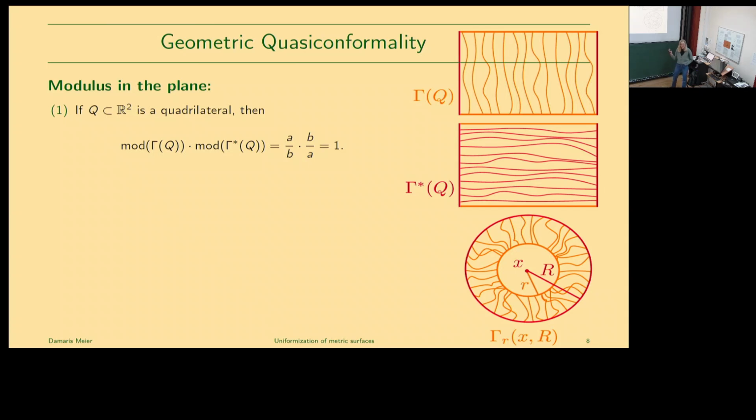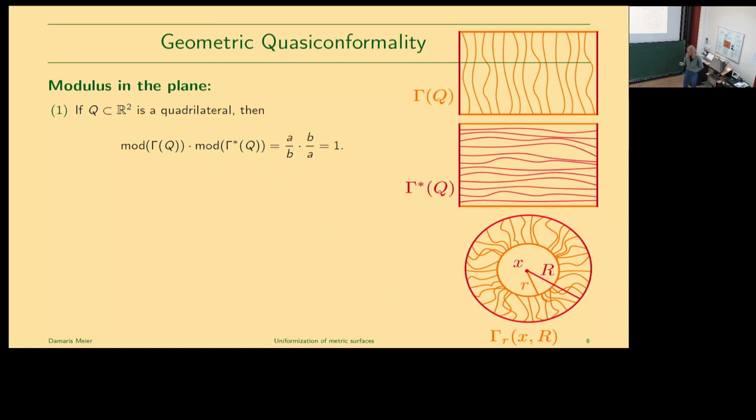Given these two examples, we can make some observations. If we're now in just planar R2, and we multiply the modulus of the curve family connecting two horizontal sides with the modulus of the curve family connecting the vertical sides, then this is just 1.